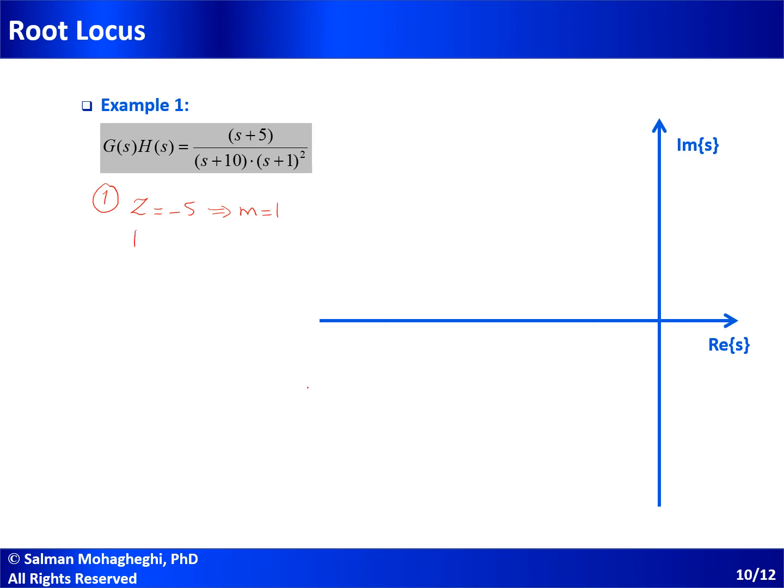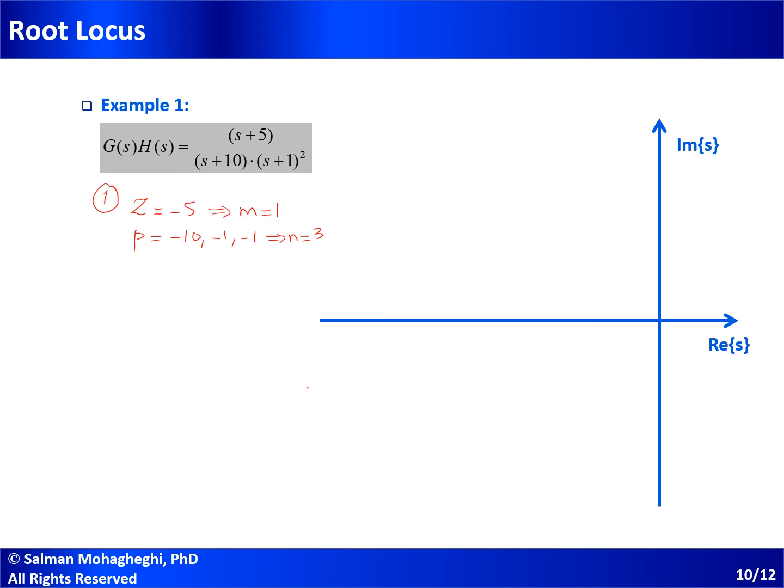And my poles are minus 10 and a repeated pole at minus 1. Now in this process, I don't want you to do any shortcuts. So if you have repeated poles, make sure that you write them down individually and separately. I have 3 poles, meaning that the order of the denominator of the loop gain is 3.